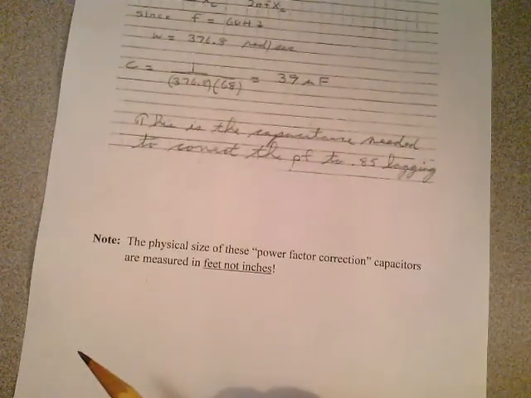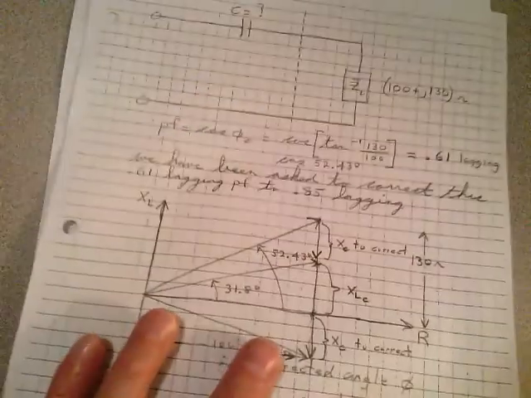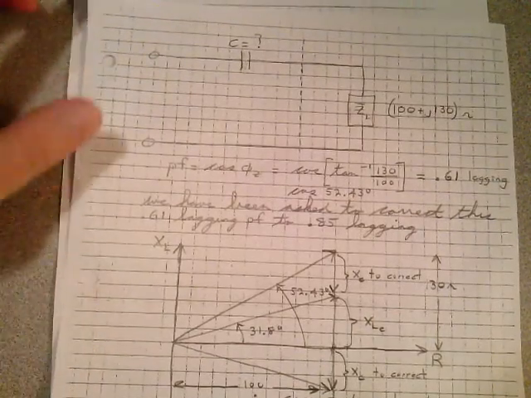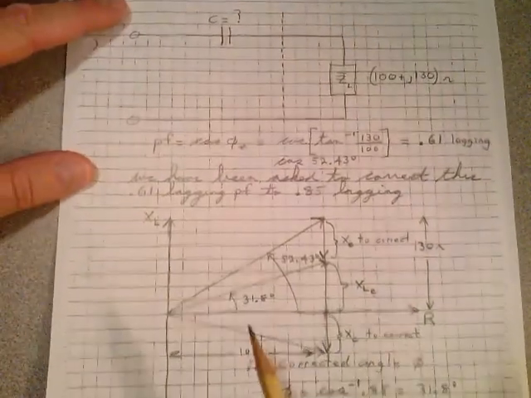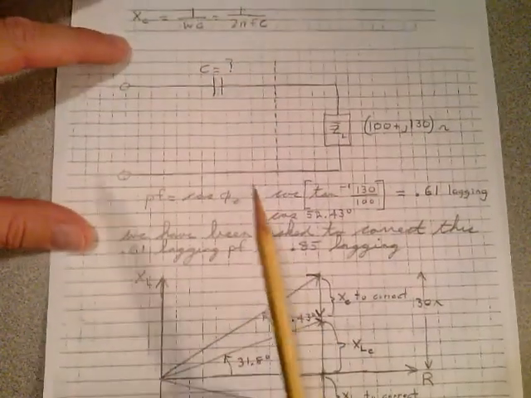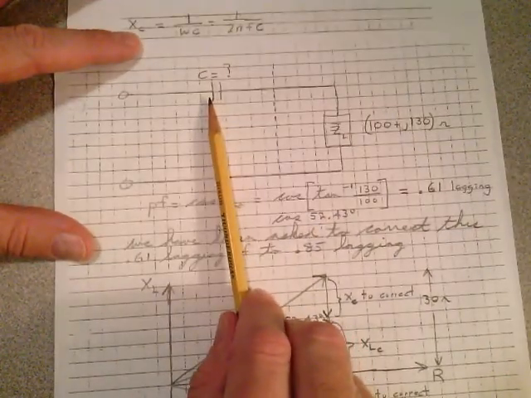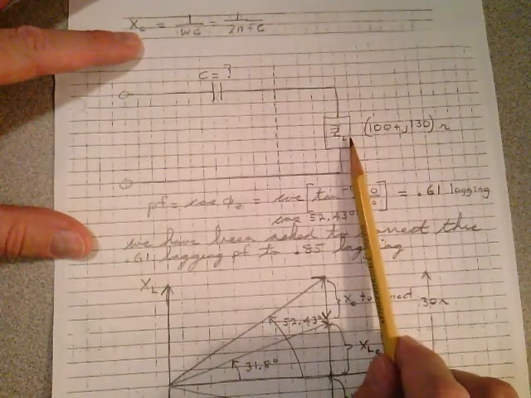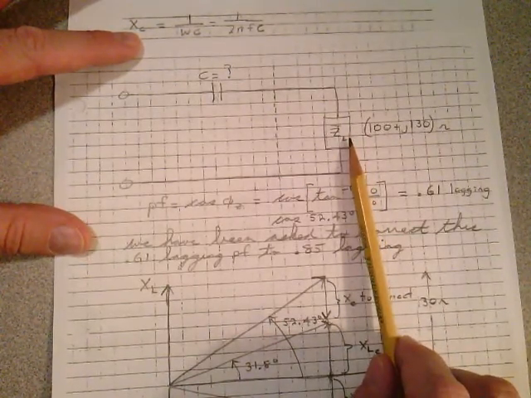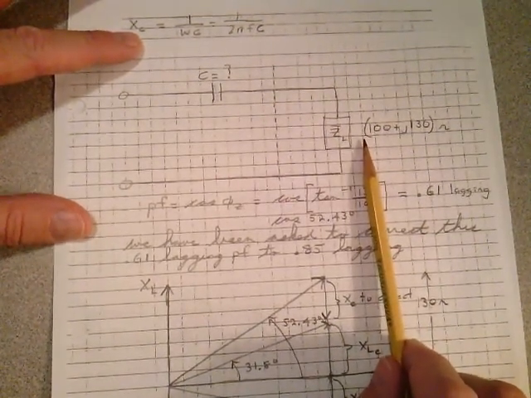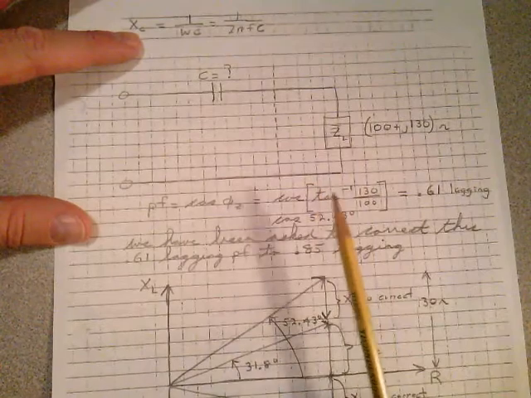But what I wanted to show you here is that basically all we're doing is using a little right-angled trigonometry to show you how you can add capacitive reactance to offset the very low, inductive lagging power factors, if you will, to get them closer and closer to unity.